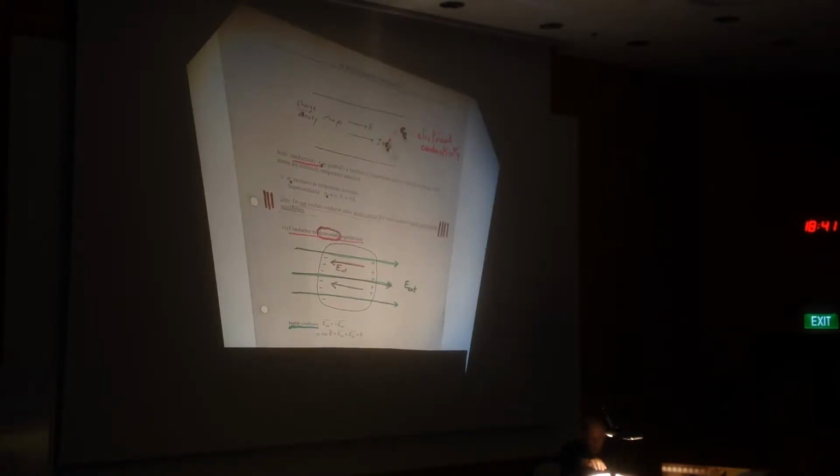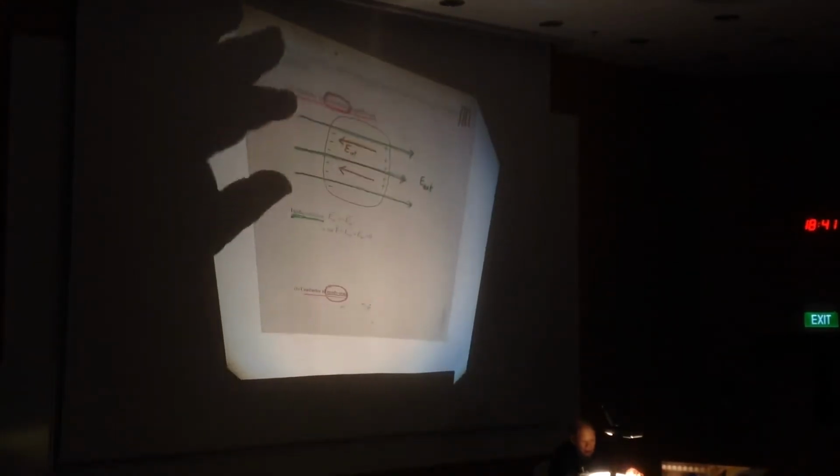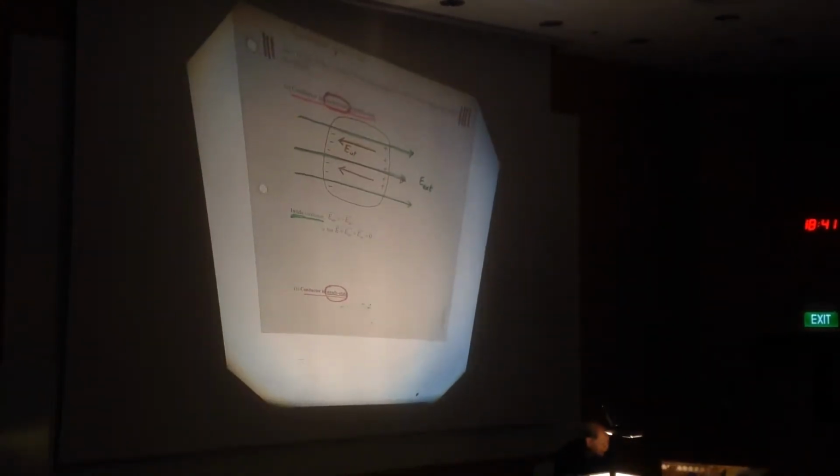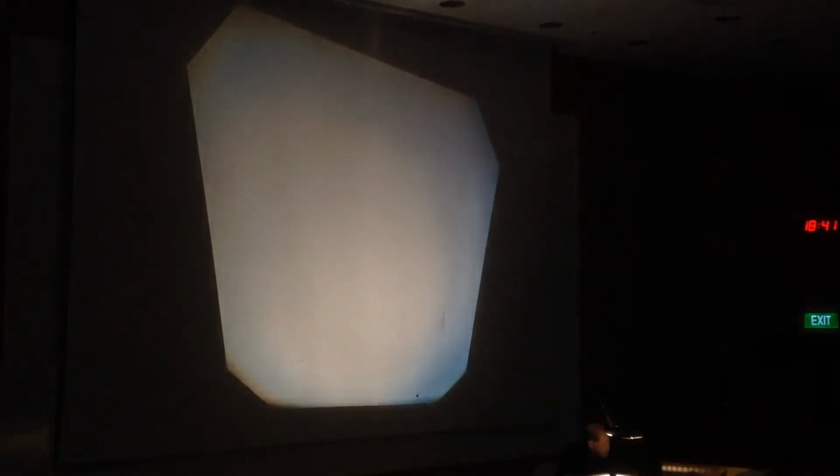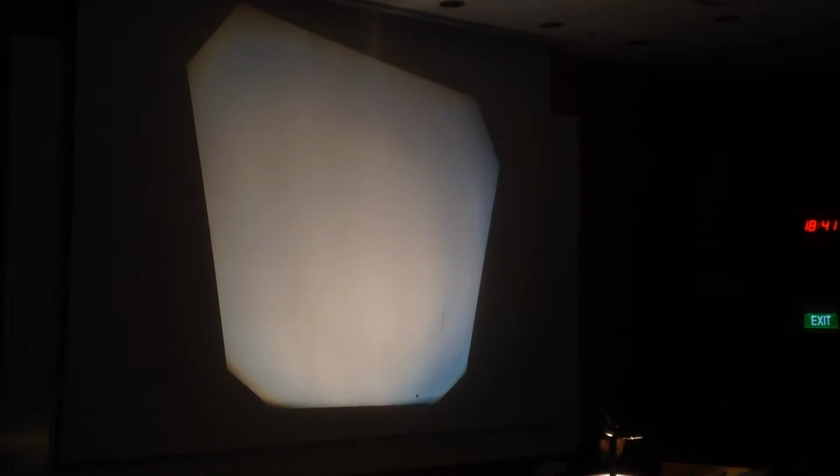Now look at the case of a conductor in steady state. How does it look? I'll change the diagram to make it more comprehensible.